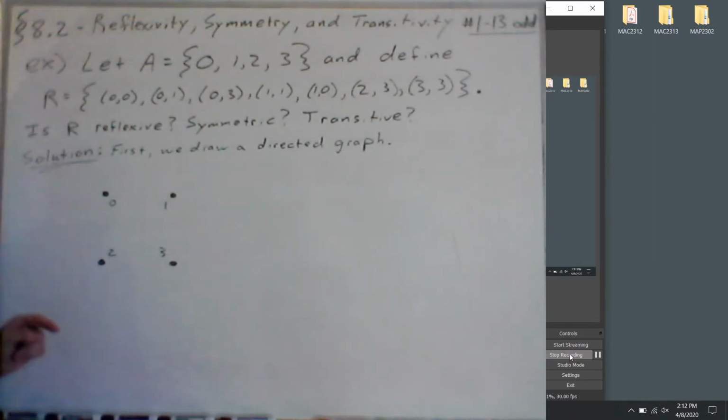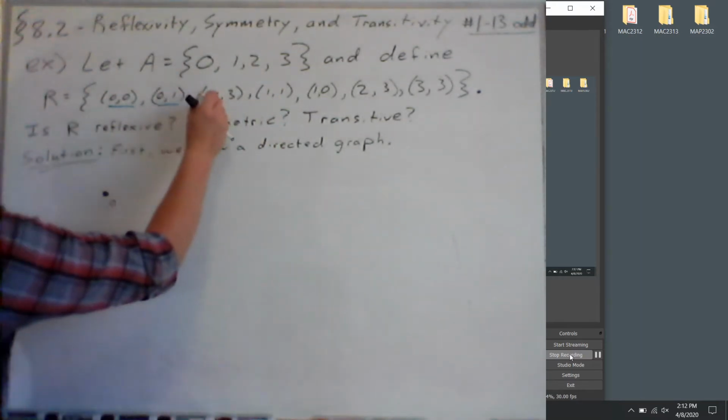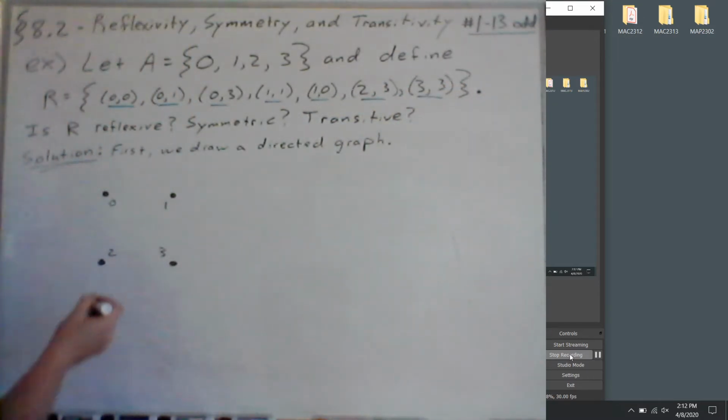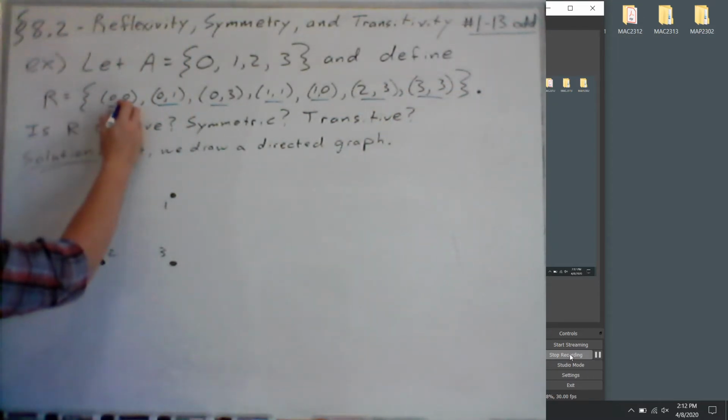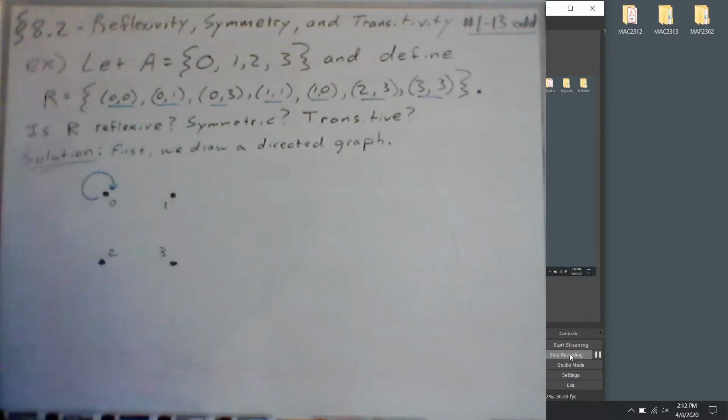Now the relation tells us how each element is related to another element in the set. For instance, the ordered pair 0, 0 tells me that 0 is related to 0. So when we draw our directed graph, the element 0 corresponds through this relation back to the element 0.